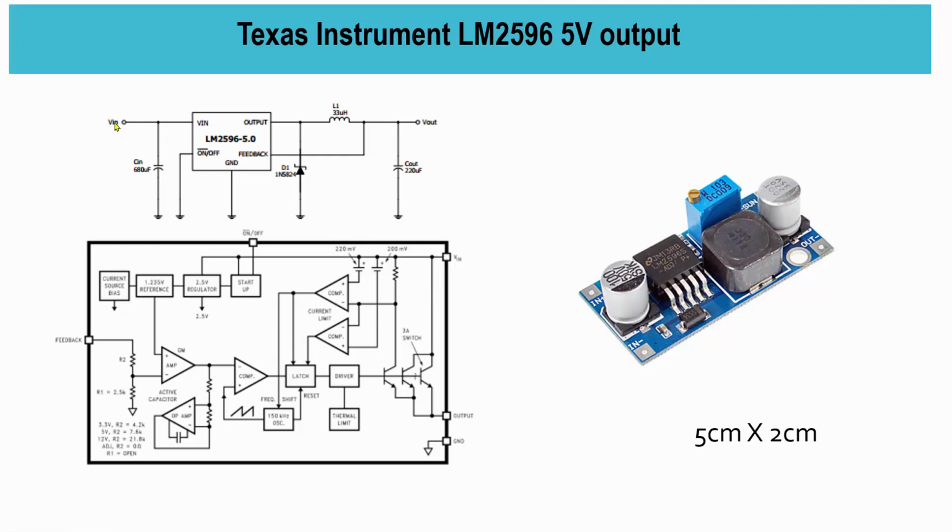You can design a buck converter based on this IC, but the output load current of this converter is limited to 3 amps only. Here's one of the samples that you can buy from Amazon or eBay. From eBay, you can buy it for only $1. So if you don't want to spend time on design, you can buy one and test it out.